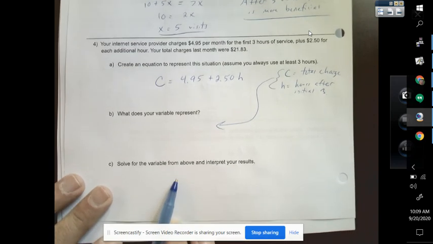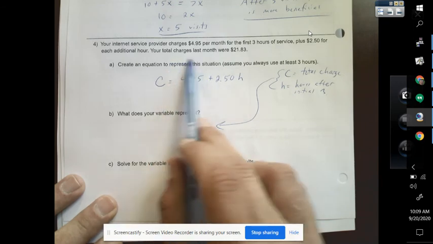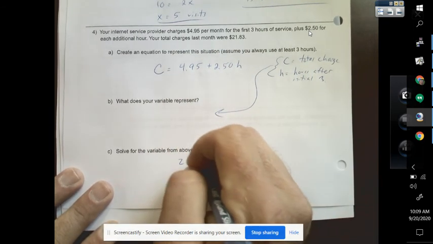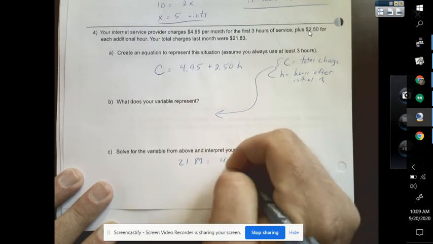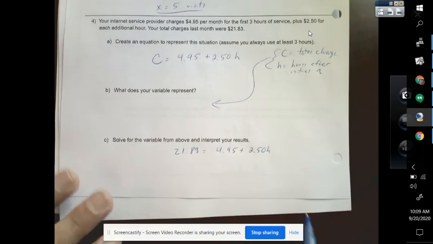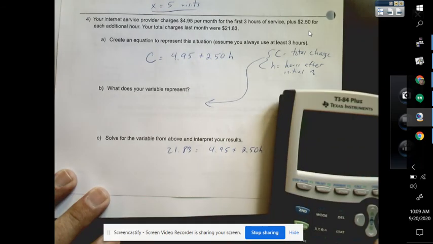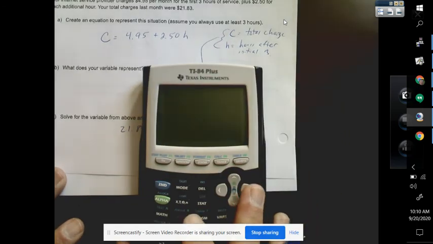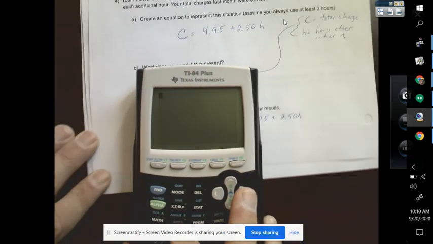All right, so now they're telling us that our total charges were $21.83. So our total charge, 21.83 equals 4.95 plus 2.50H. I'm going to use my calculator here because I'm pretty good off the top of my head, but not the best with these numbers. Hopefully you can see this.